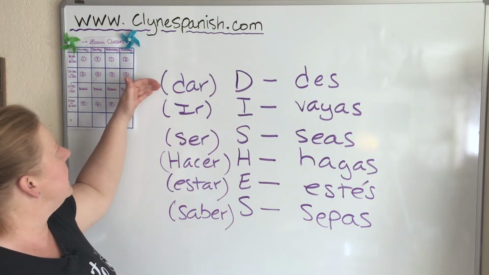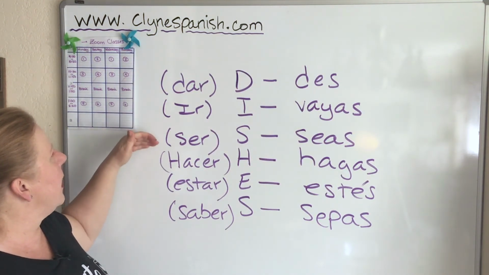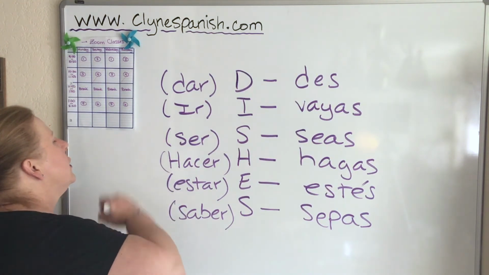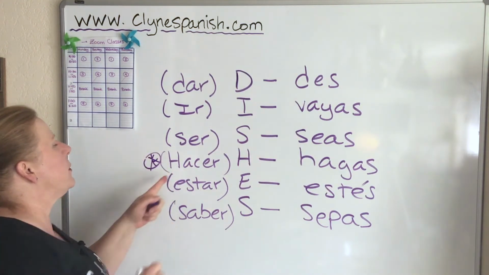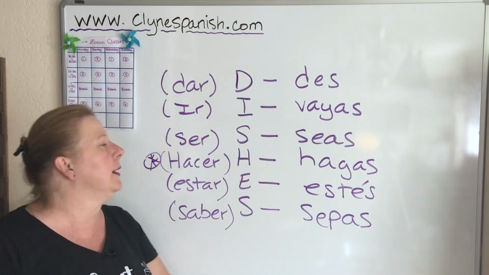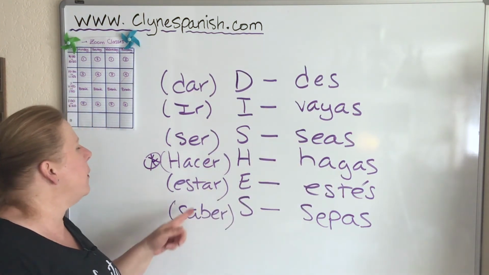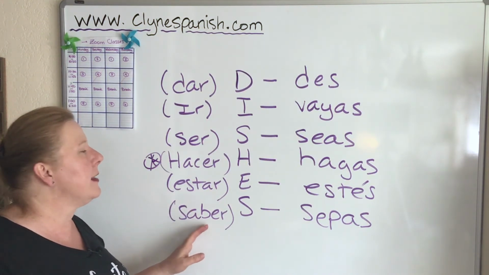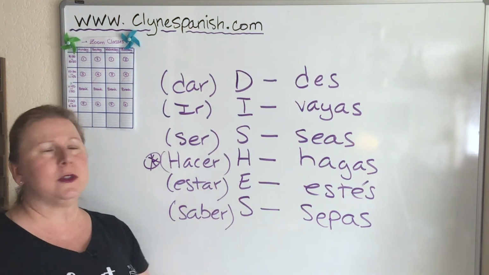So the D is dar, I is ir, S is ser, H is hacer. This is a place marker to remind you about go verbs. Remember, you start with the yo form, like hago. All right, so notice what's happening over there. Estar, to remind you you've got an accent mark. And saber does something totally different.